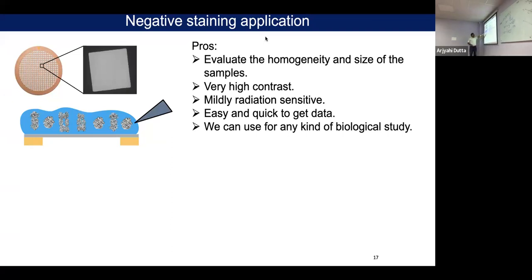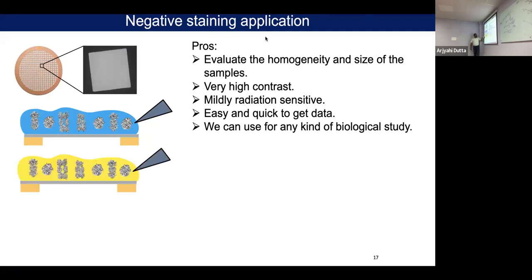So here you can see the biological sample, and whatever excess solution is there, you have to blot and make it dry. Otherwise, if you put it inside the microscope under vacuum, the moisture will evaporate and it will crash the system, and your filament will be damaged because the moisture will deposit there. That is the reason you have to make it completely dry.